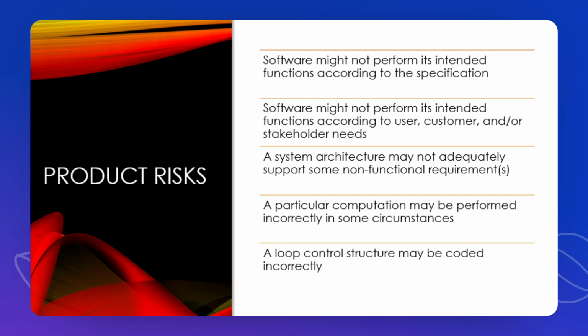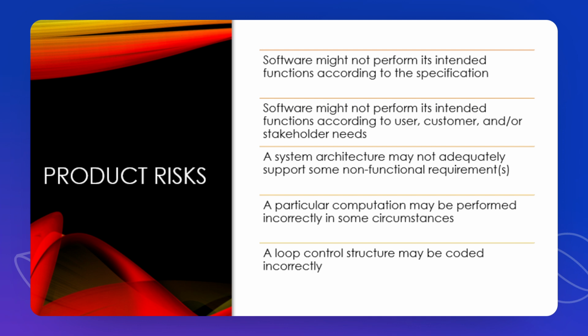A system architecture may not adequately support some non-functional requirement. For example, our product is not reliable, not user friendly, not fulfilling the security and regulatory requirements. That is product-related risk. A particular computation may be performed incorrectly in some circumstances.